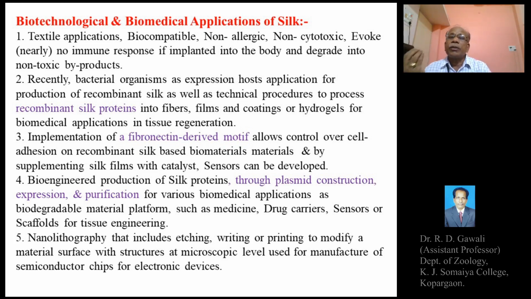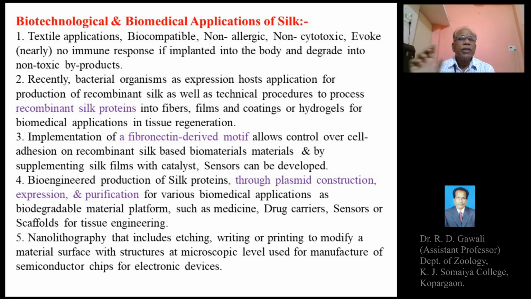So with the use of bacteria or the plasmids, we can introduce the desired gene in the recipient DNA, which can then provide us a desired or required recombinant silk protein or silk protein fiber that can be then transformed into a film or the coatings or hydrogels, which are then used for the biomedical applications, maybe for drug delivery, maybe used as a catalyst, maybe used as sensors.